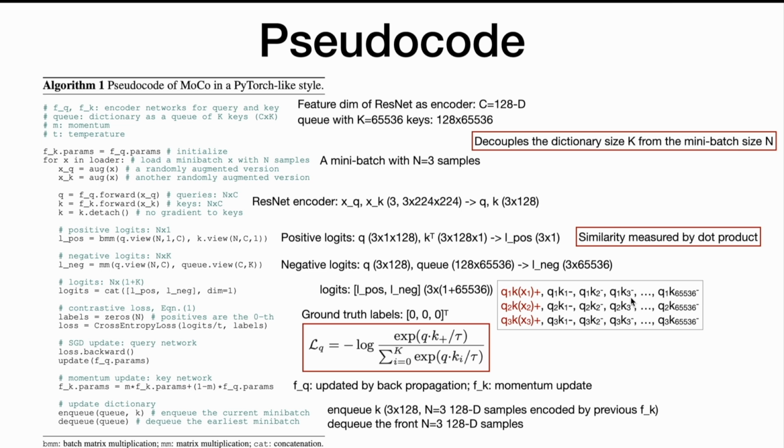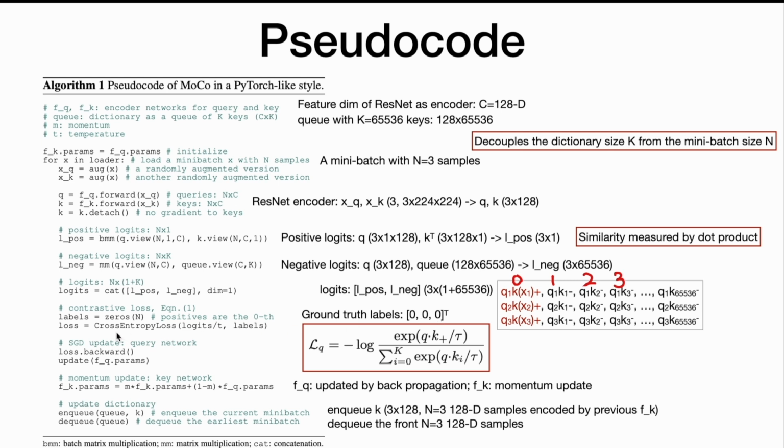If we look at the index, this column has an index of 0, this is 1, 2, 3. So this is the logit we get from the output of the encoder. For this prediction, the ground truths are 3 zeros because for all of these rows, the positive keys are from the first column. So the ground truth labels are 3 zeros.